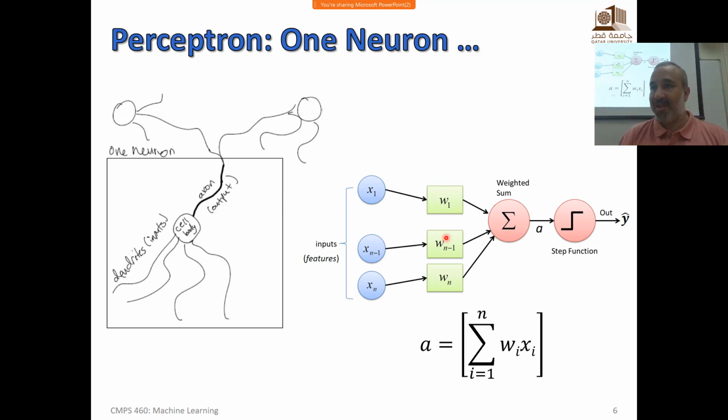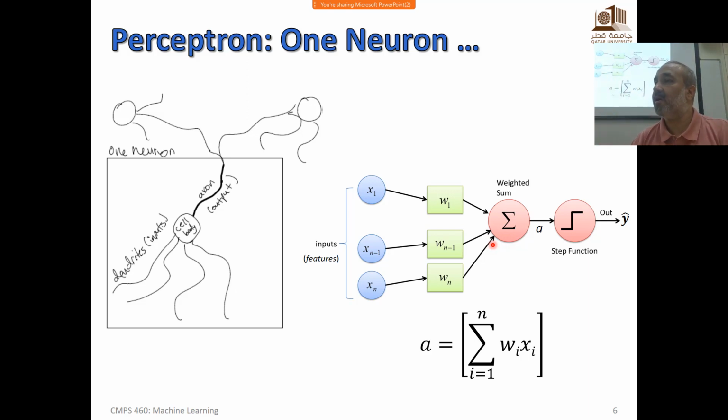Remember, we said that in the perceptron the main idea is to learn weights for features, right? So there is a weight for each feature. And the output will be the predicted label for that example. We give an example in terms of feature values, and then the output of the neuron will be 0 or 1. If it's 1, then the predicted label is positive. If it's 0, then it is negative. Okay, so that's the model of the perceptron and how it looks like a classifier.